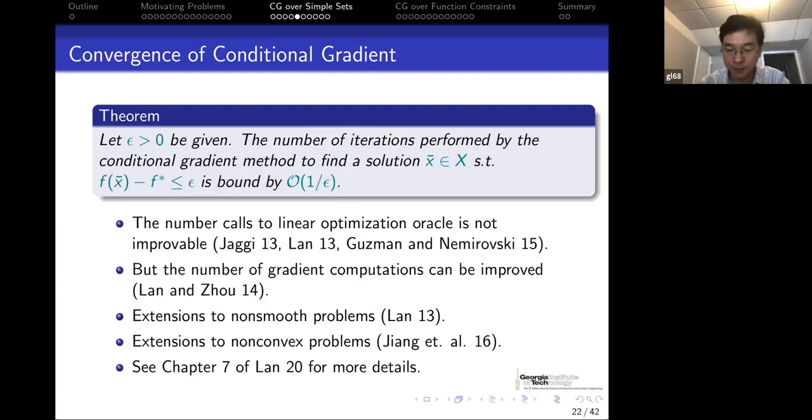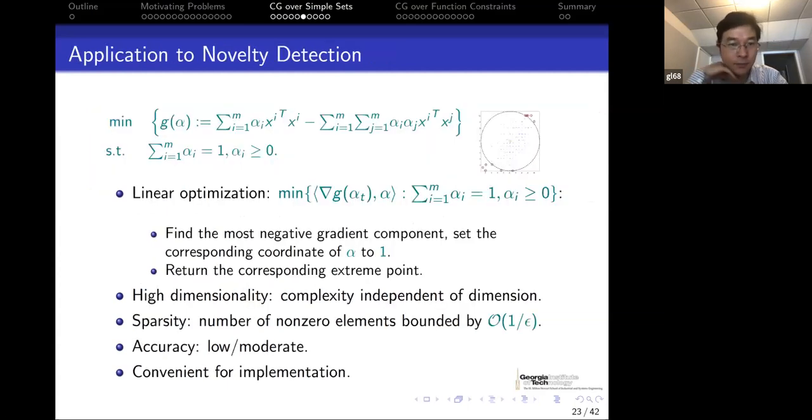But now let us see how we are going to apply this method for solving the motivating problems that we discussed before. If we want to apply this algorithm to novelty detection, recall that we are going to solve a quadratic optimization problem over a simplex constraint. Then the only thing that we need to do more carefully is the linear optimization, right?